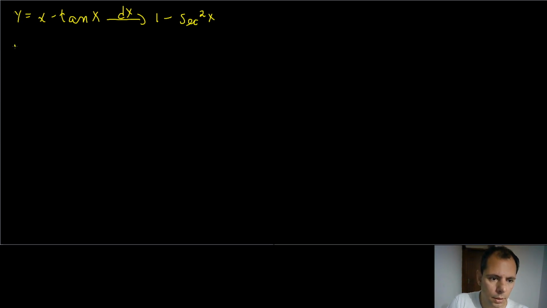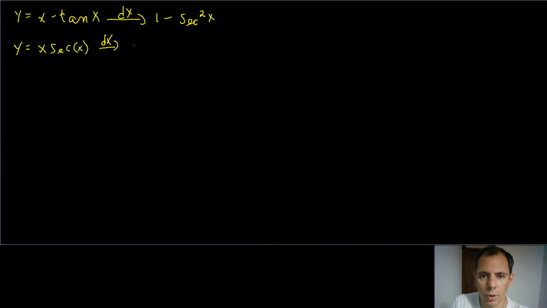Okay. Now another one is y equals x secant of x. We're going to take the derivative with respect to x. So here we have to use the product rule because you've got a function here and a function here, and they're multiplying, right? They're in a product. So I'm going to take the derivative of the first one, which is x.